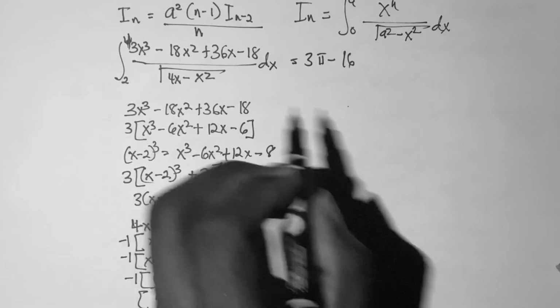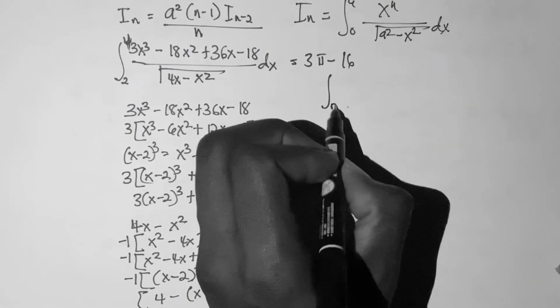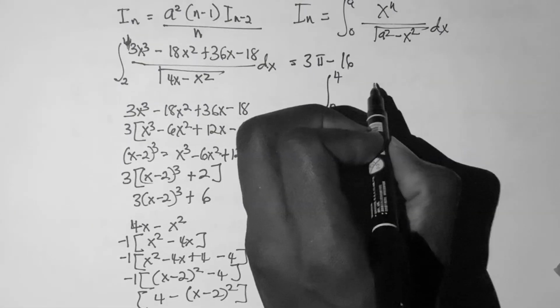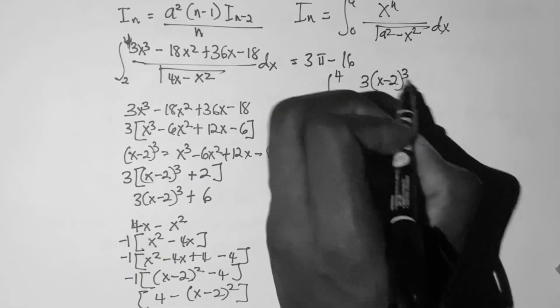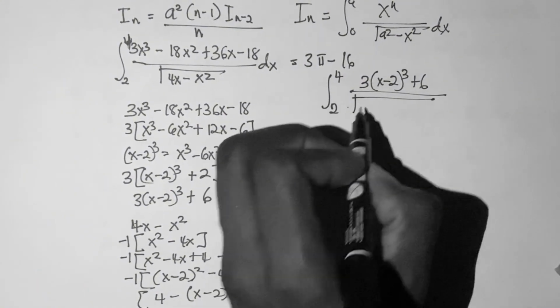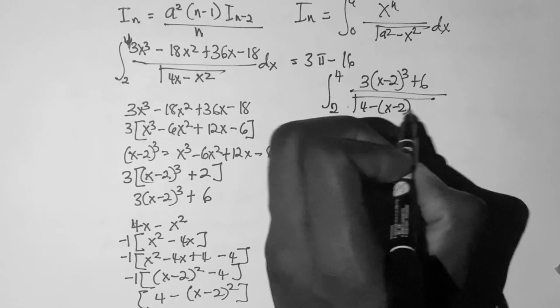So this function can be reduced to the integral from 2 to 4. The numerator is what we got here, which is 3 times (x minus 2) cubed plus 6, divided by the square root of 4 minus (x minus 2) squared.